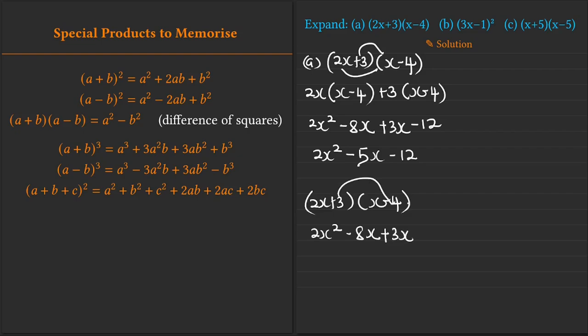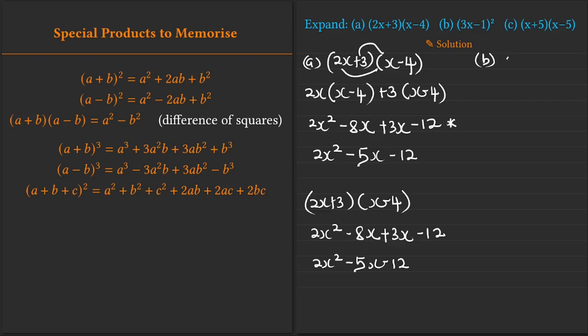And then our outer 3 times negative 4 gives us a negative 12. And you see that it is the same as this line we have over here. And you continue to say you have your 2x squared minus 5x minus 12. As simple as that.